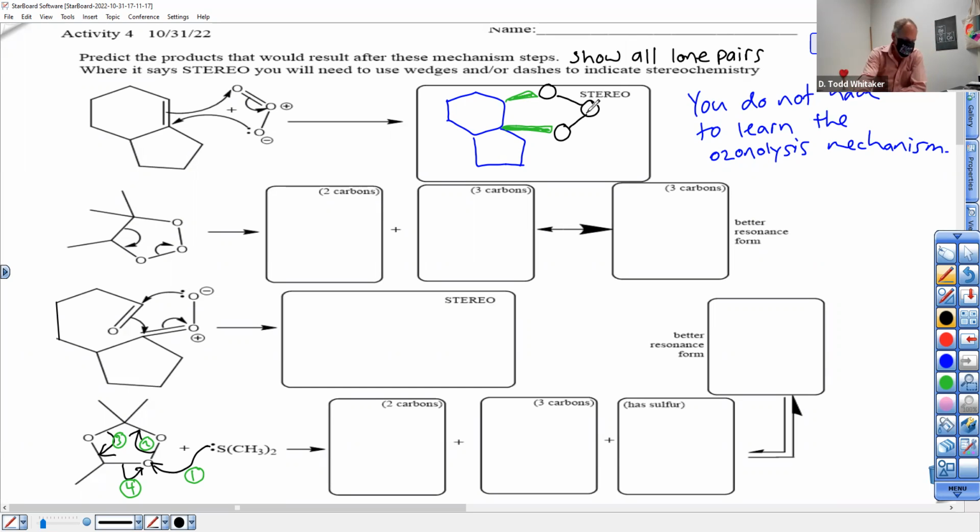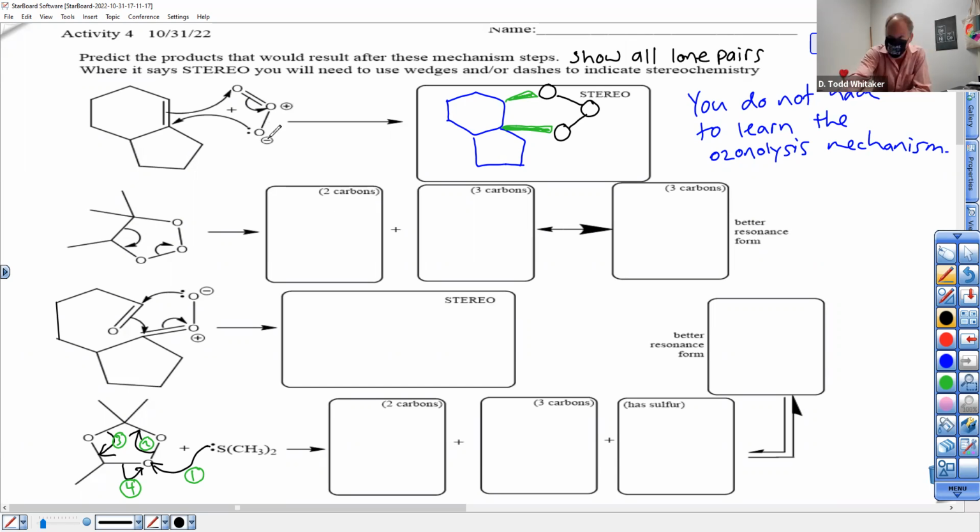And talk to me about lone pairs. How are you an O minus? How many lone pairs does this thing really have? There's only one answer. And if I don't get the right answer, I will stop writing a single lone pair because I only need one lone pair. And I will draw every lone pair.